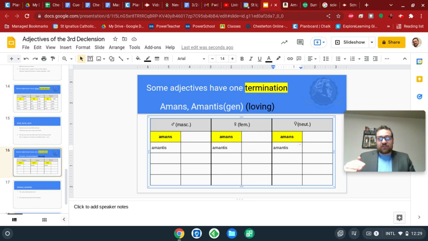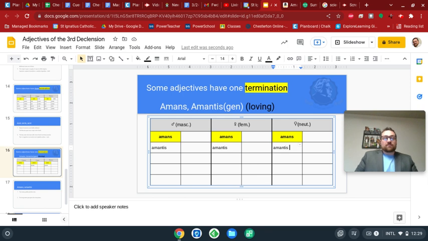So I love, you love, he or she loves, we love, you all love, they love. Amo, amas, amat, amamus, amatis, amant. So am is our stem of love, right? And what you can do is take that verb and change it into an adjective. So this adjective is loving.